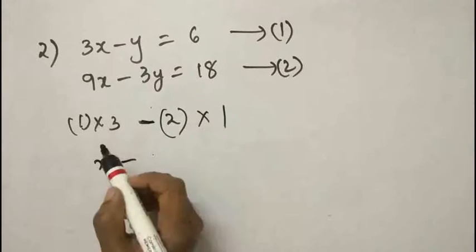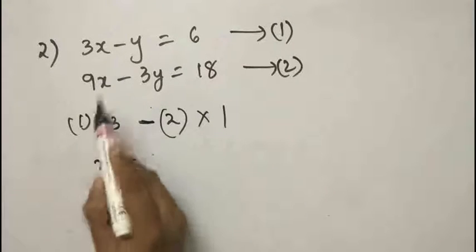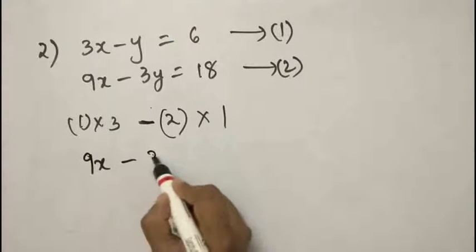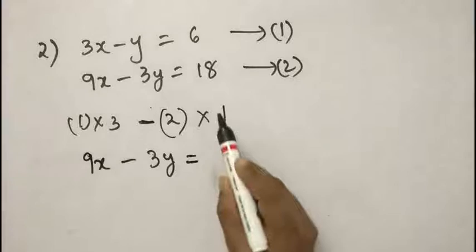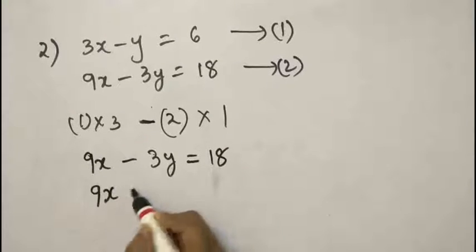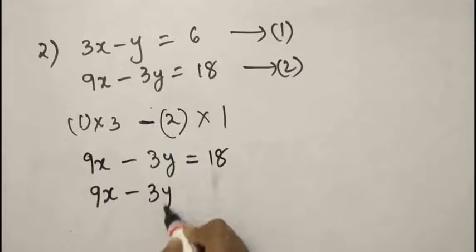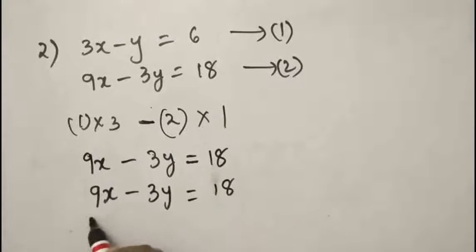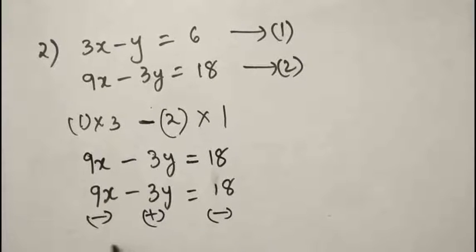Now, we have to multiply equation 1 with 3. So, this becomes 9x minus 3y equal to 18. This becomes 9x minus 3y, that is equation 2, here I am writing down. This is 18. Now change the sign, minus, plus and minus.